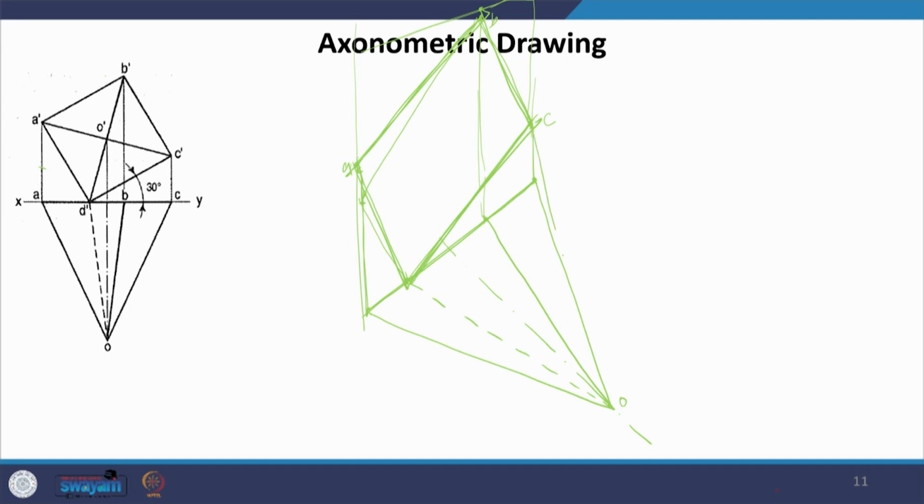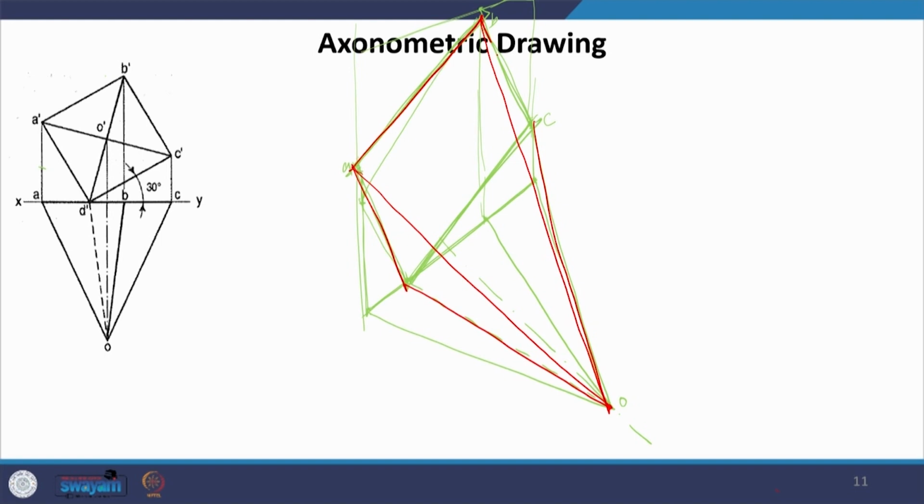If we have to arrive at the apex, I will change the color, we will just draw this square base pyramid which is perpendicular, and we can also get the height of the axis which is say here.